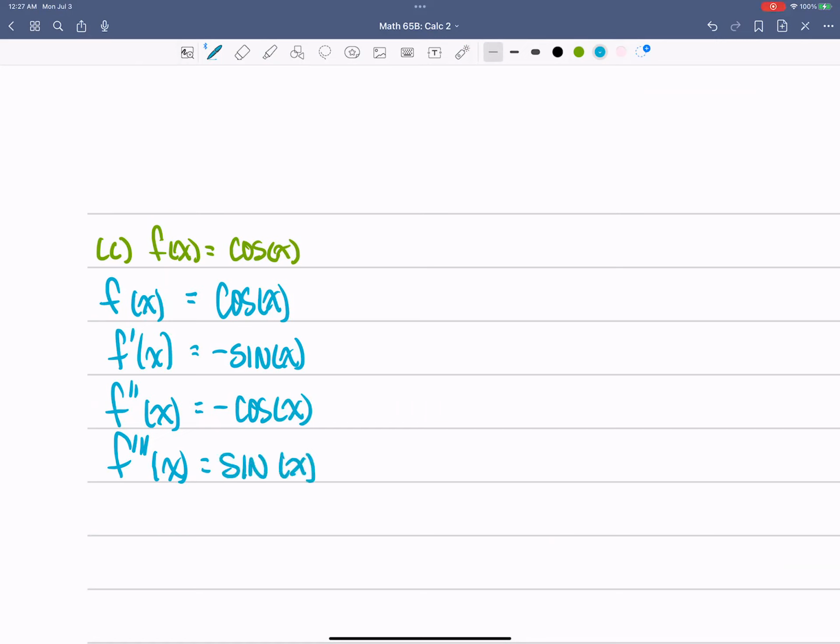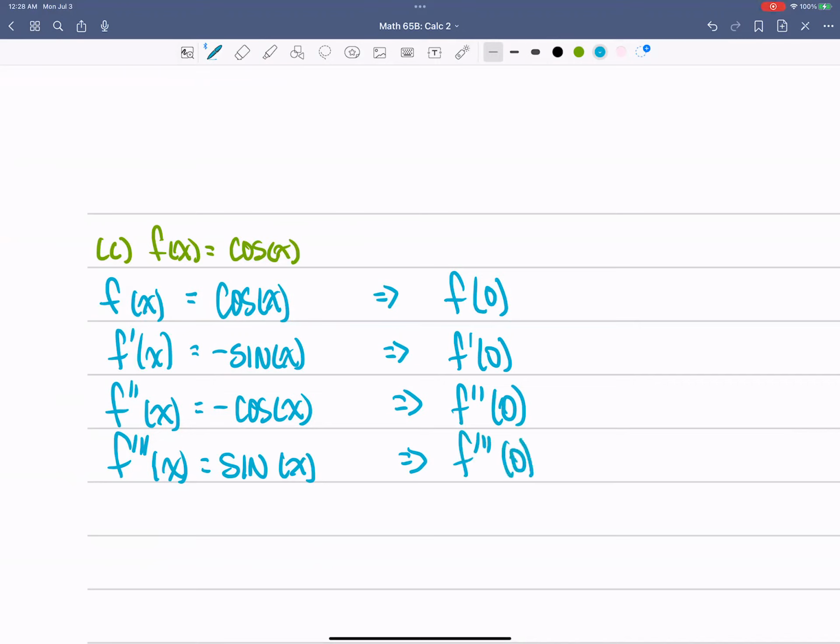And now evaluating it at 0. F of 0, f prime of 0, second derivative evaluated at 0, third derivative evaluated at 0. All the sines are going to be 0. Cosine is going to be 1, so we have positive 1 here, negative 1 here.